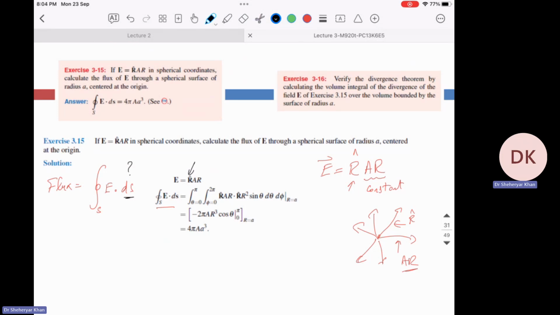So it should be this thing from the table: r square sine theta d phi. All right, so find ds from the table, and E is given as A R times R-hat. Now, this means that R-hat dot R-hat is equal to 1, right? So A is constant, R and R square is R cube that goes outside, right?